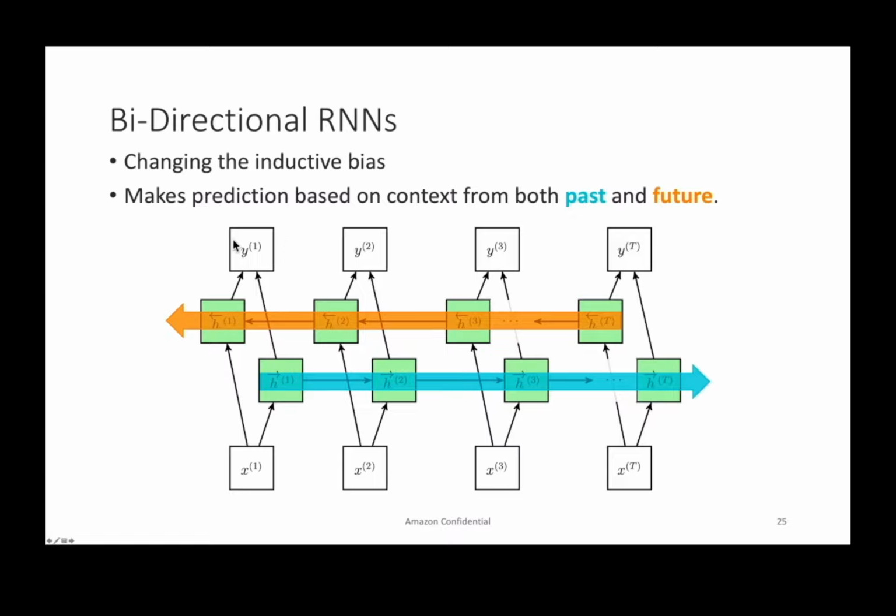So this way, at any point in time, you will not only look at the past, but you will also look at the future context and use that in your network. So where can this be useful? In case you are using a network which has to make predictions for the next time step, this is not going to be useful.